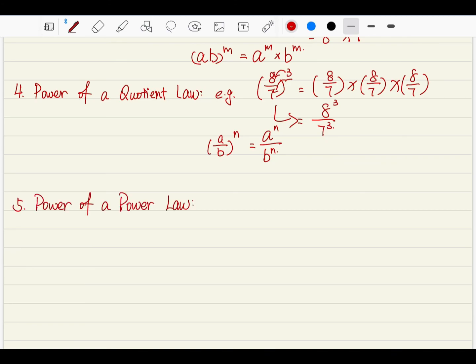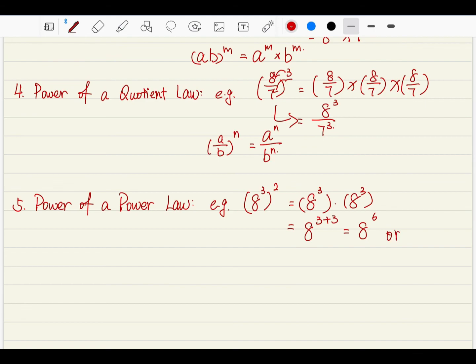The last one is the power of a power law. For example, 8 to the third power, and then to the second power. We can rewrite it as 8 to the third power times 8 to the third power. Based on the product law, this is 8 to the 3 plus 3, which equals 8 to the 6th power.